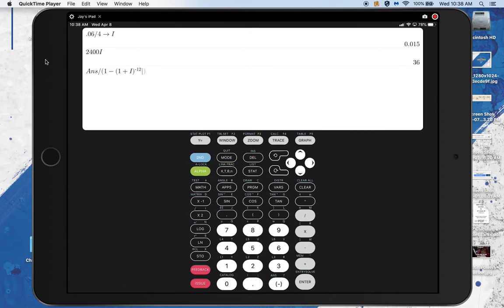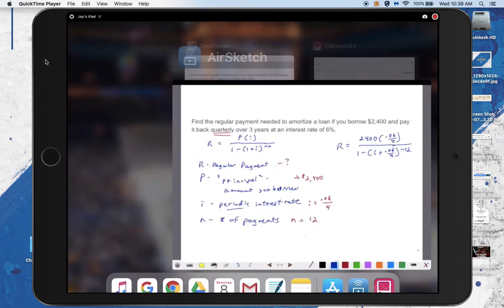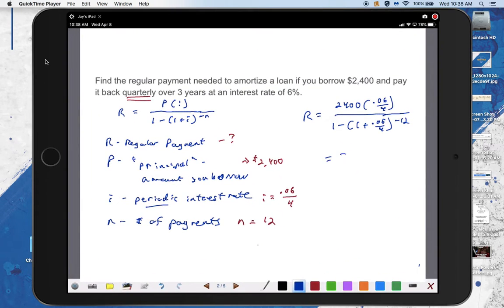And then I'm going to close that other set of parentheses there. And this should give me my regular payment of $220.03, 220.03. So that is how you figure out your regular loan payment. Okay, that is good stuff to know.